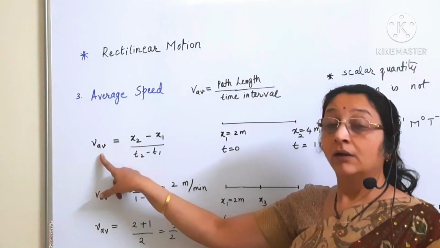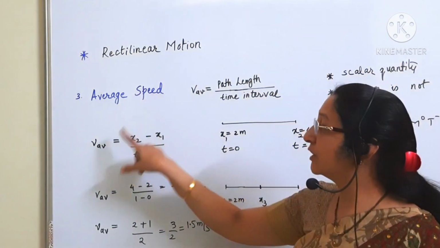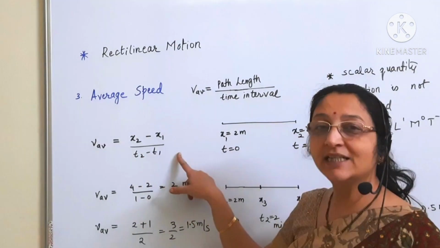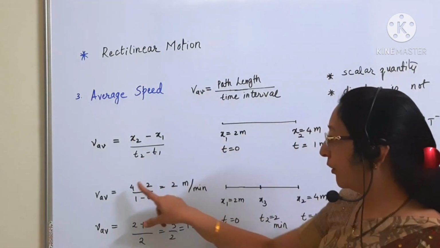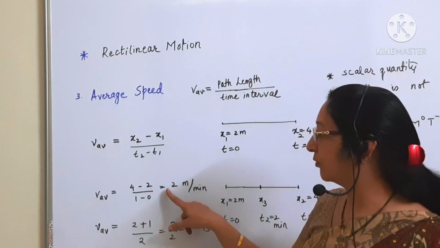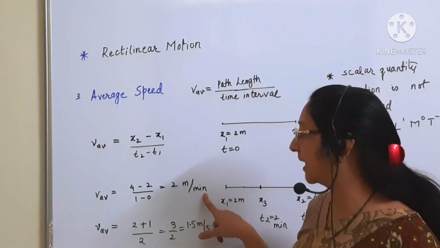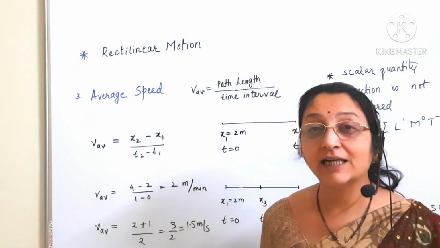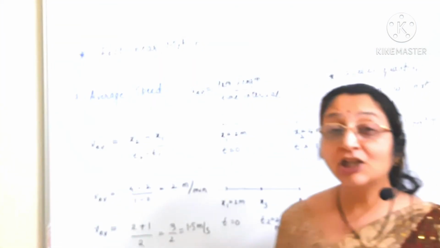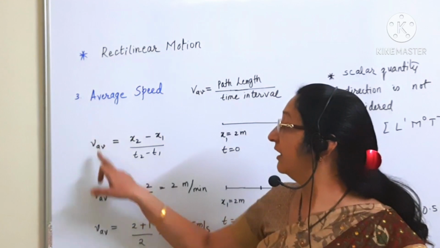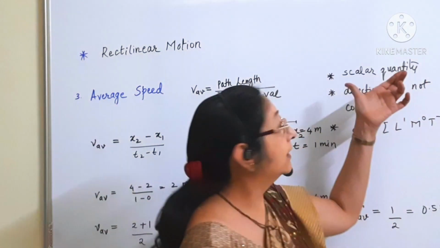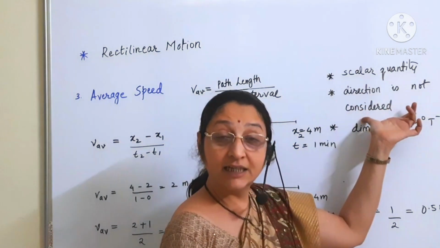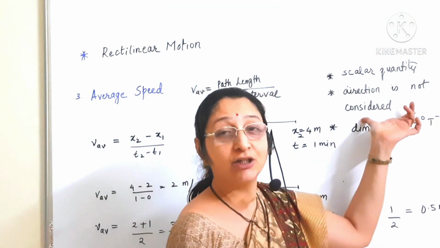So, the average speed is x2 minus x1 upon t2 minus t1, that is 4 minus 2 upon 1 minus 0, that is 2 meters per minute. Here, we have not discussed the direction. We have not given arrow marks because speed, average speed, is a scalar quantity and direction is not considered.